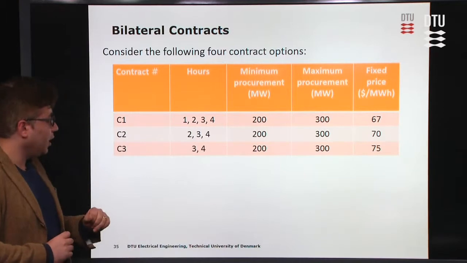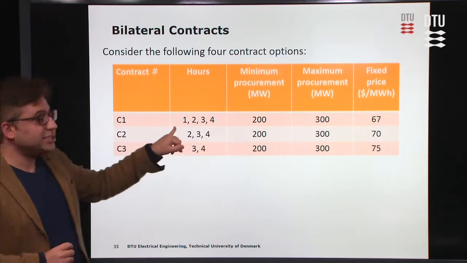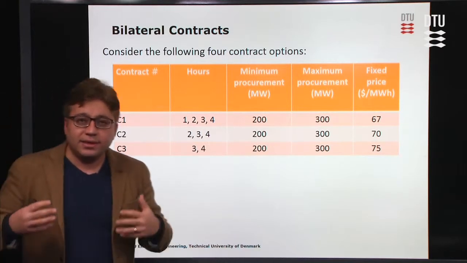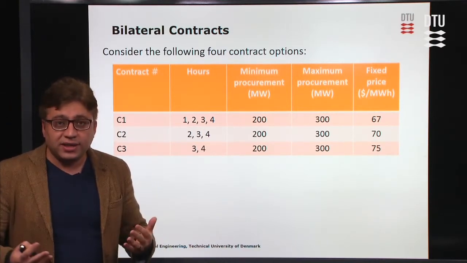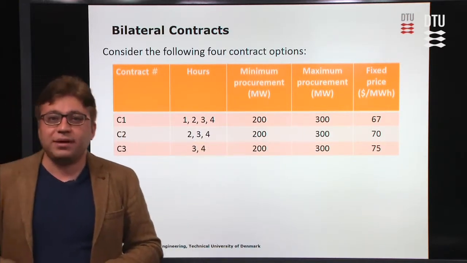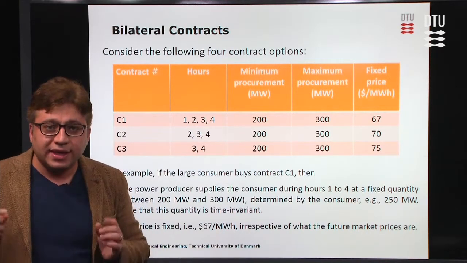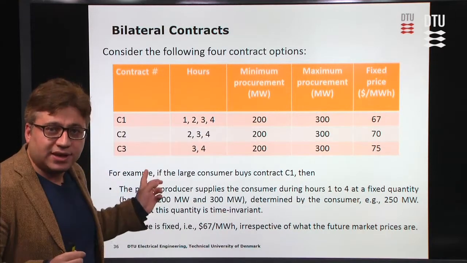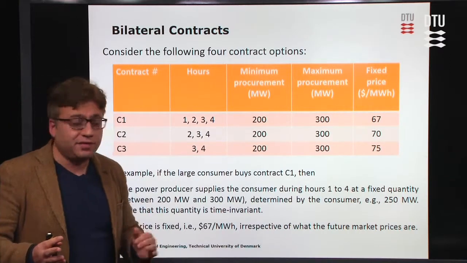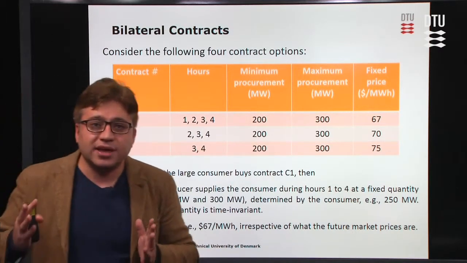Based on contract 1, denoted as C1, it spans all 4 hours, and the quantity that they can agree on should be between 200 and 300. For example, it could be 250. But please note that if the large consumer buys this contract, the quantity should be fixed, for example 250 between these upper and lower bounds, and this quantity is time invariant.